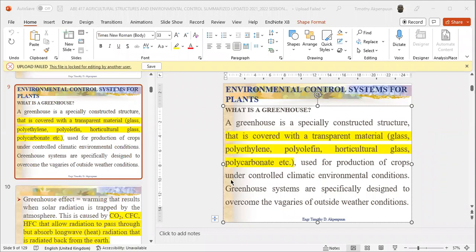Do you know what solar radiation is? Sunshine. It's going to be the same if we use the same covering material. It's only absorbed.